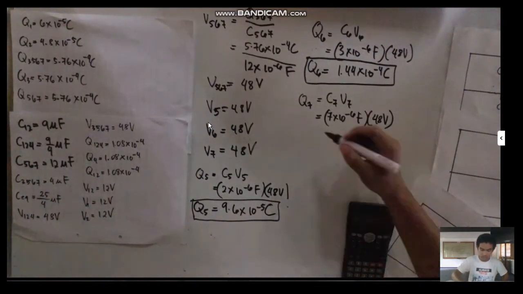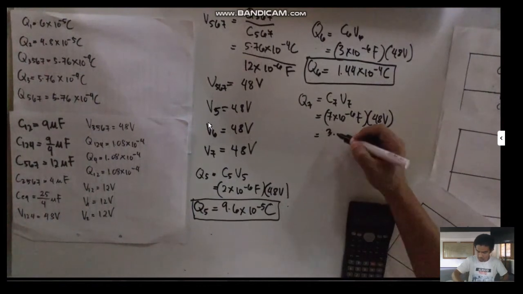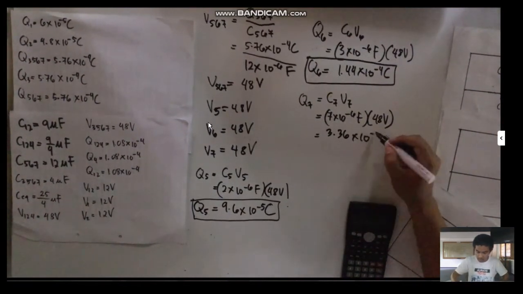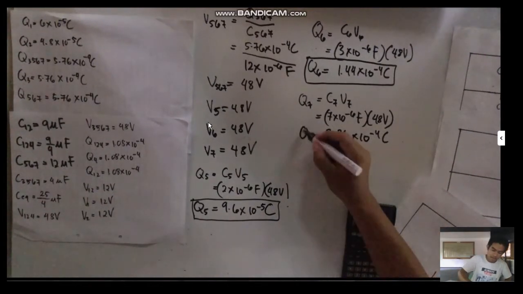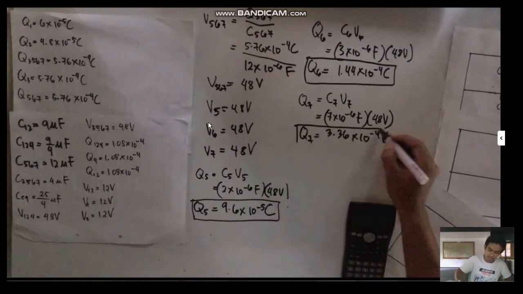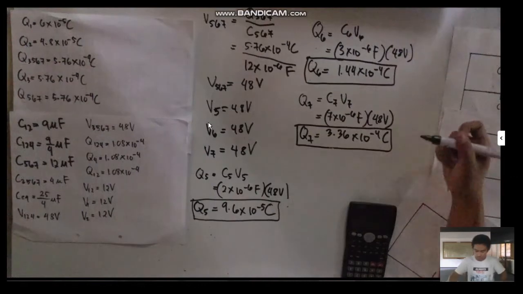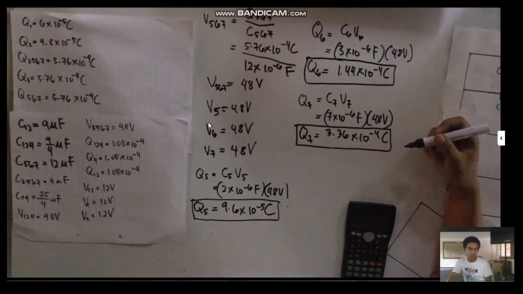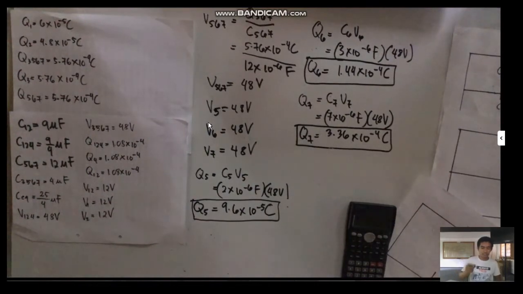Then that is 3.36 times 10 to negative 4 coulomb. Right? So you have Q5, Q6, and Q7.